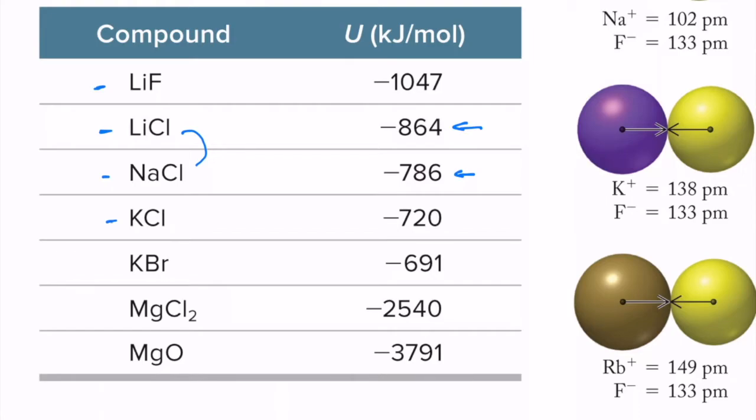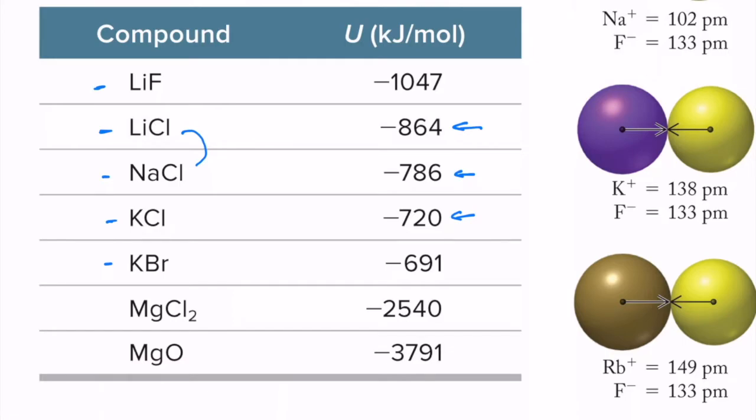Again, we still have the chlorine, so since the distance between the potassium and chloride is greater than the distance between sodium and chlorine, we have yet a weaker interaction, and we can use the same argument to argue why potassium bromide would have a weaker interaction than potassium chloride. And I'll let you try and figure that one out yourself. If you have any questions, of course, you can ask.